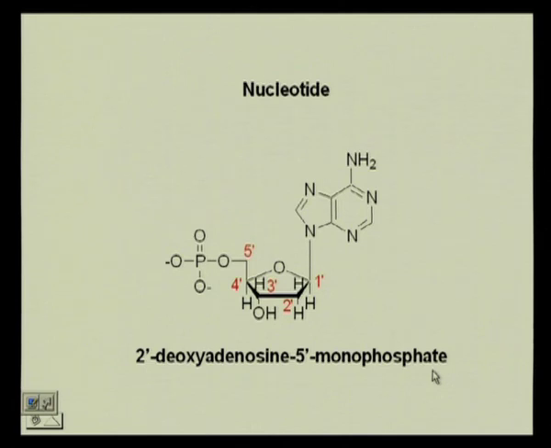Okay? Just writing it as dAMP, you know that this is the structure. The d signifying no OH here, the A signifying this, and the MP signifying the monophosphate. So, for the dAMP, you know exactly how you have to write it. Even for the dCMP or the dAMP, ATP, whatever, you know how to write it.